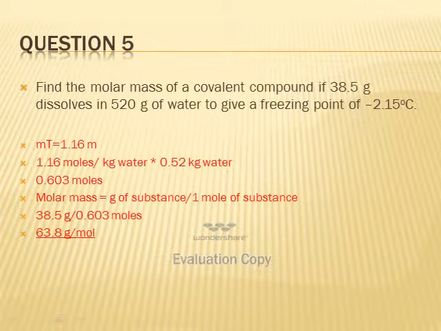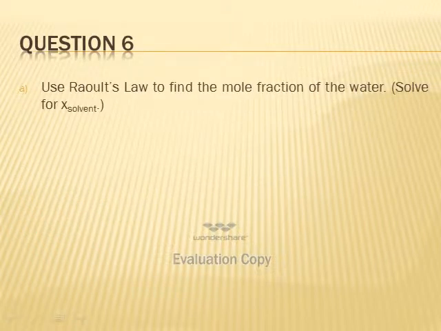When 282.5 grams of a covalent compound is dissolved in 630 grams of water, the vapor pressure lowers from 3.2 kilopascal to 2.1 kilopascal. What is the molar mass of the compound? Use the following steps. Part A says, use Raoult's law to find the mole fraction of the water.